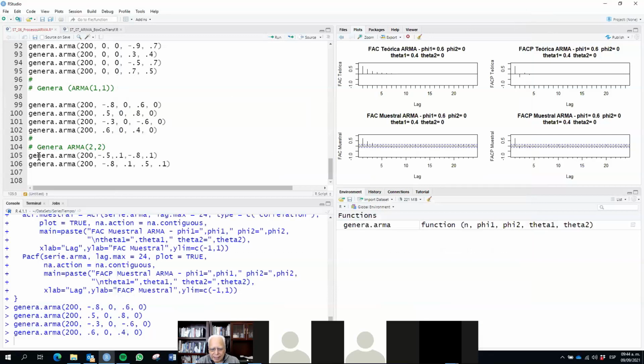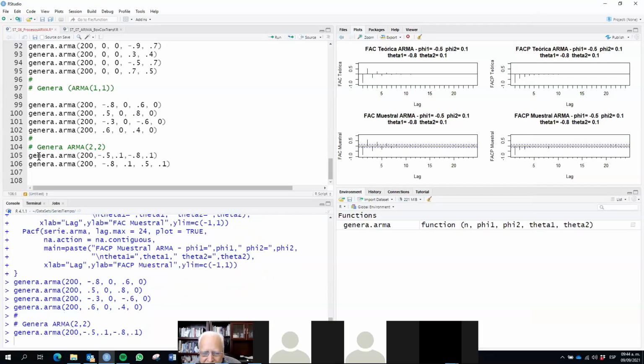Generally, you will see in practice that the orders of P and Q are not going to be too large. If you fit a model that has P equal to 5 and Q equal to 4, you're probably doing something wrong. You probably need to transform your data, or look at different alternative models. Maybe you're missing a seasonality behavior or something.